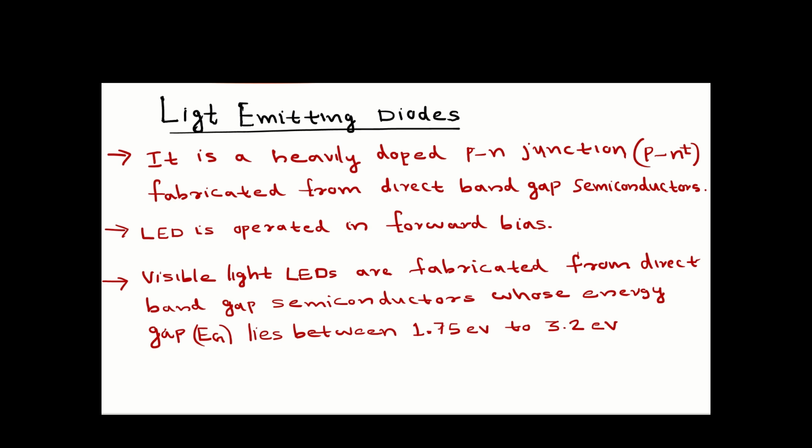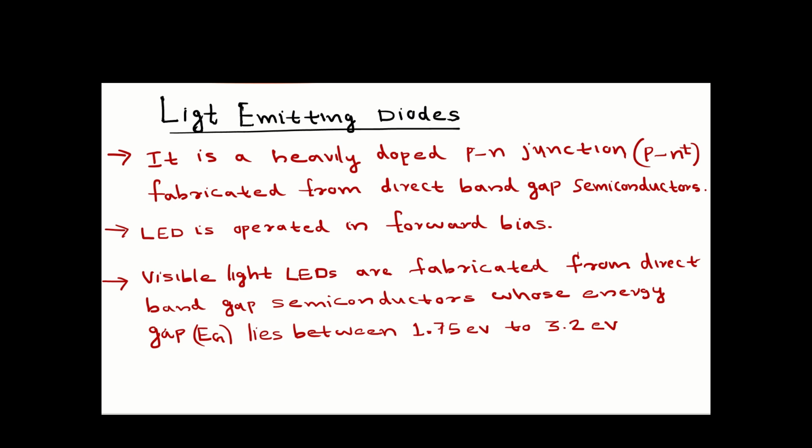Next again, we are coming into the topic, the light emitting diodes. It is a heavily doped PN junction, PN plus, fabricated from direct band gap semiconductors. Already I have explained the LED is operated in forward bias mode. Then the next point is the LED can emit visible light as well as infrared light.